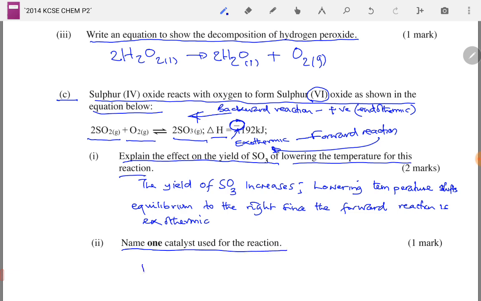The catalyst used is, we have platinum, although platinum is easily rendered inefficient, meaning easily poisoned. We have vanadium 5 oxide. We have also platinized asbestos. Platinized asbestos is another one.